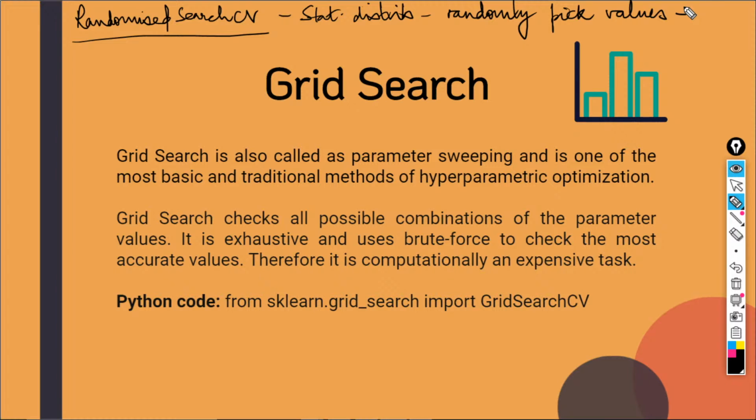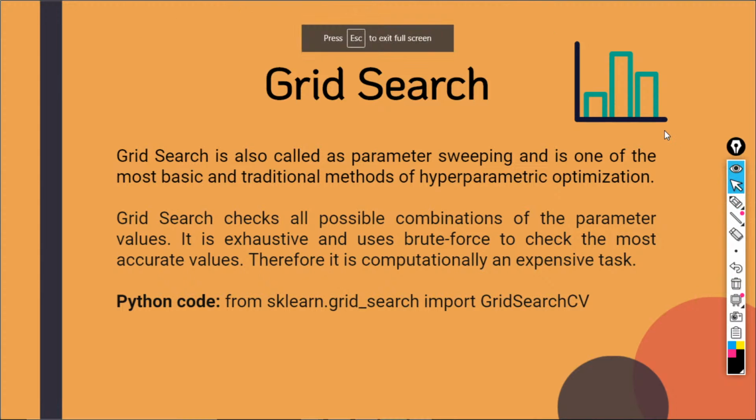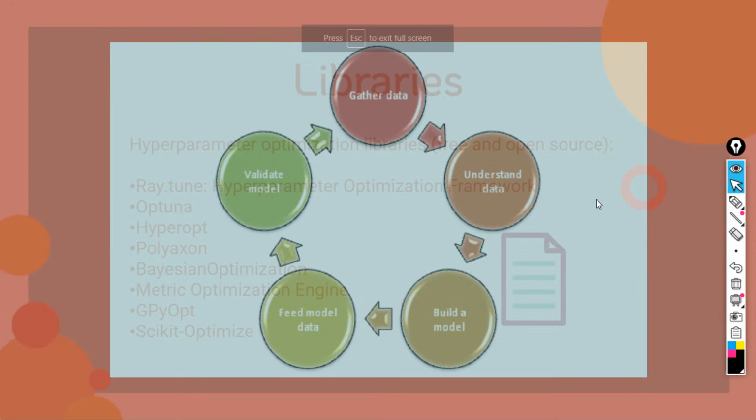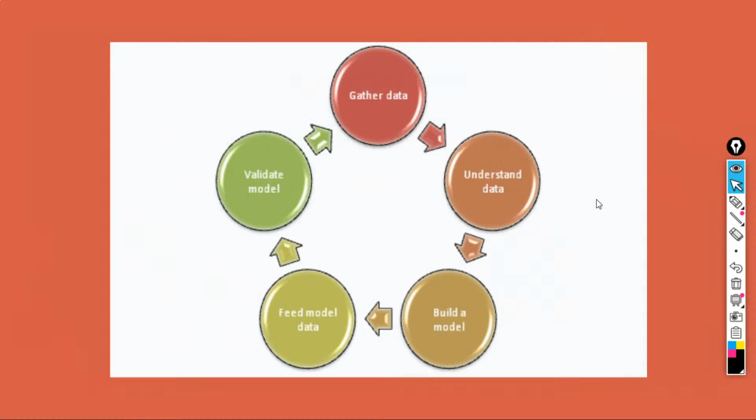And that brings us to the next part, that is, how does a model work? So here, as you can see, I would first be gathering and understanding my data, after which I would be building a model.